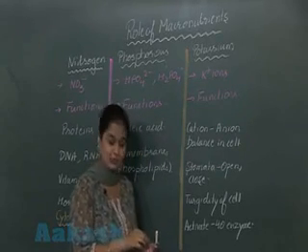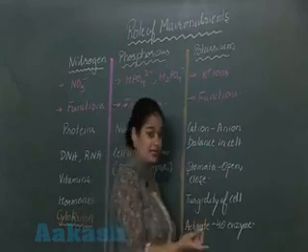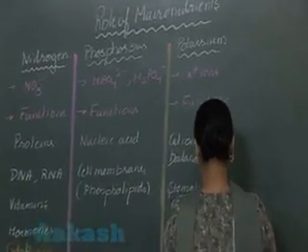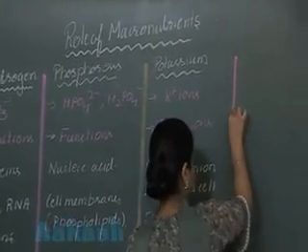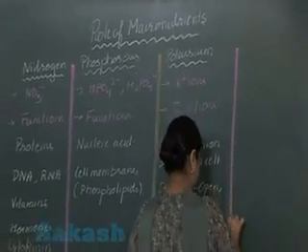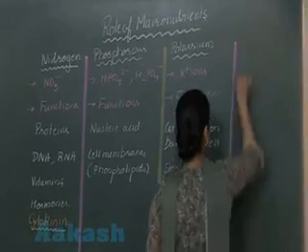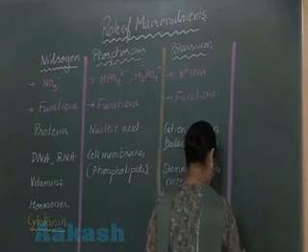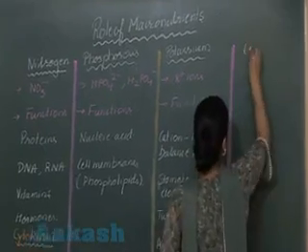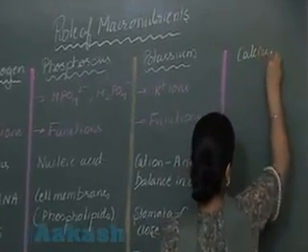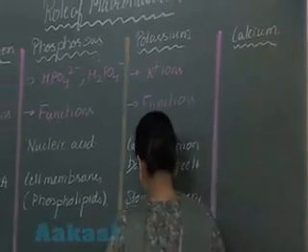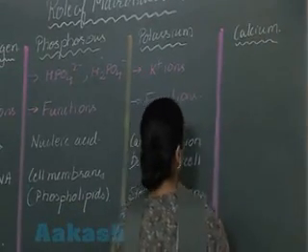Now after potassium I will be discussing the next macro element, that is calcium. Calcium is absorbed by the plant in the form of calcium ions.